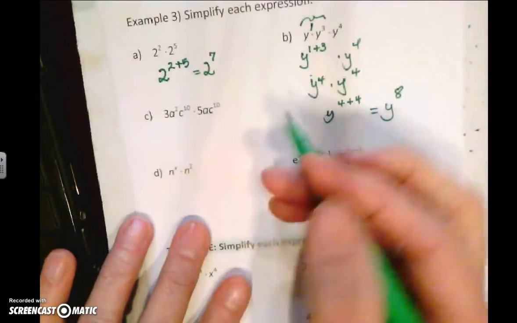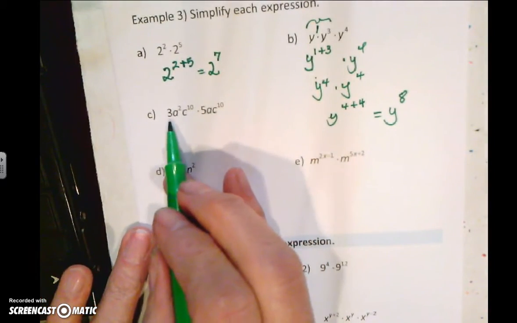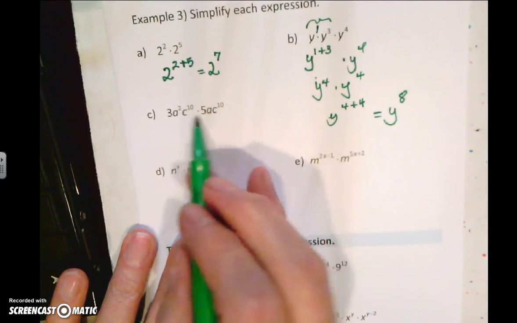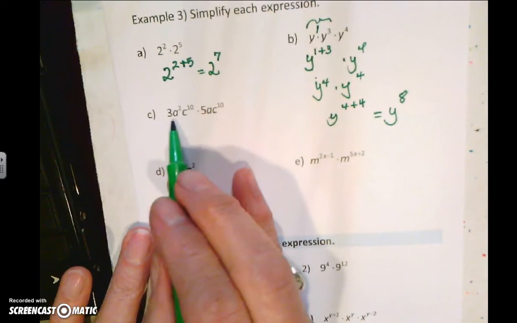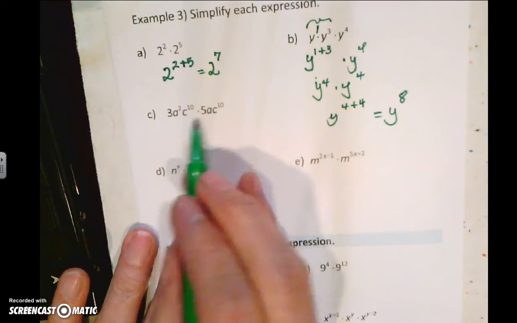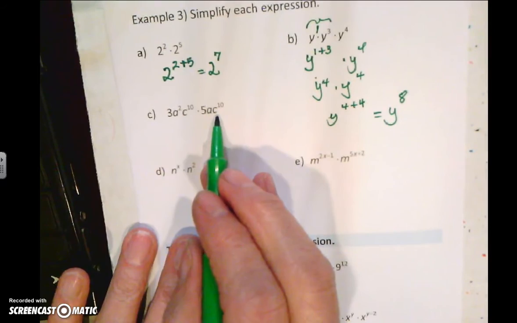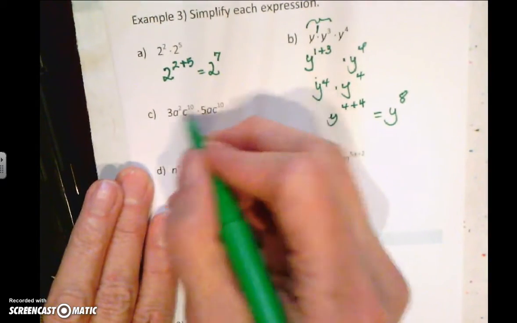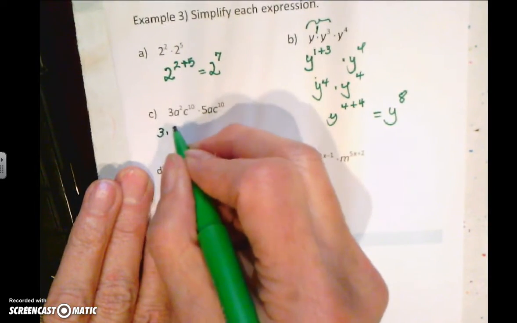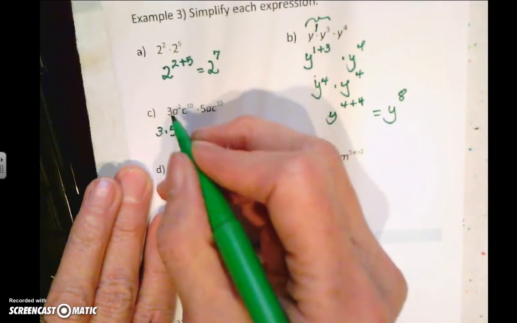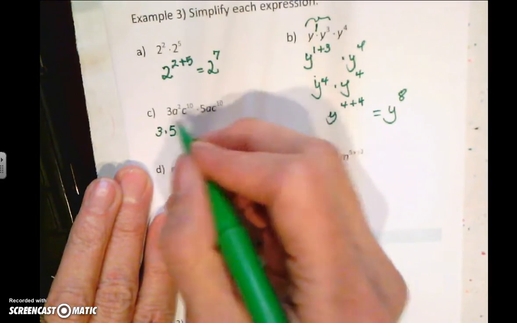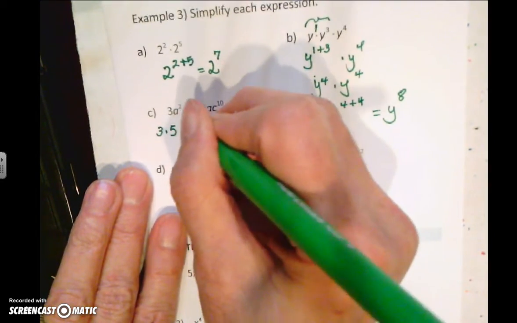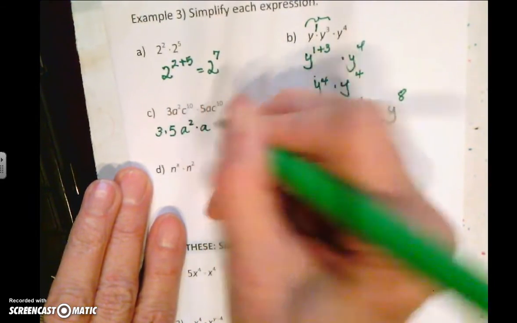C, kind of got one in there. On C, I've got several bases and several exponents. So when I do this, I know that it's all multiplication. I can use the commutative and associative properties. So I'm going to rearrange this and multiply my numbers in the front. So 3 times 5. And then I'm going to put my like bases. So then I have a squared times a.